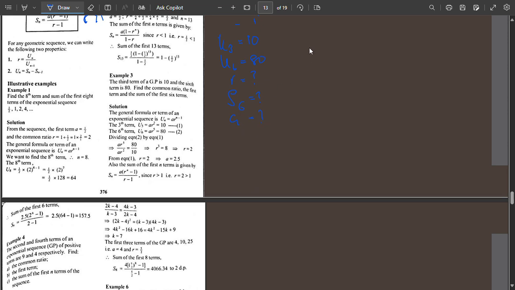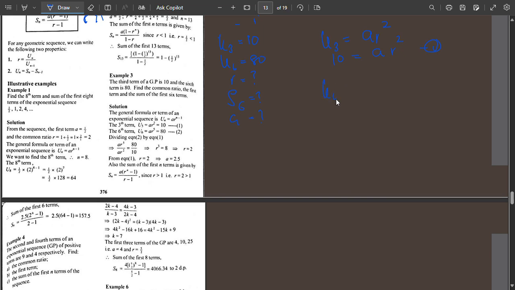Well, we know the formula for a GP. So u of 3 should be given by AR exponent 2. We know u of 3 to be 10. We don't know A, and we don't know R either. So this is equation 1. Let's just keep it. Let's try another one with u of 6.